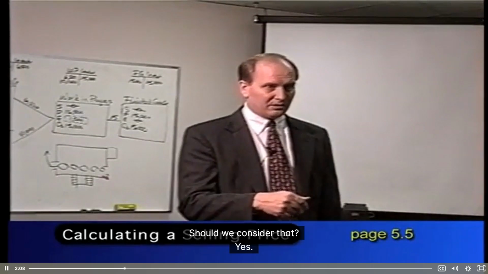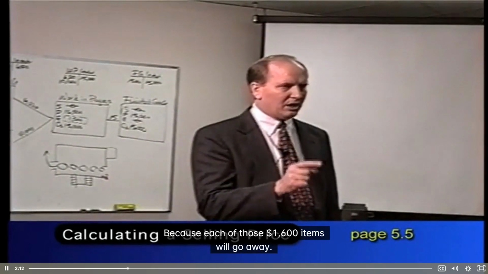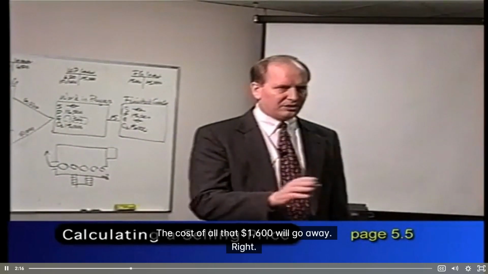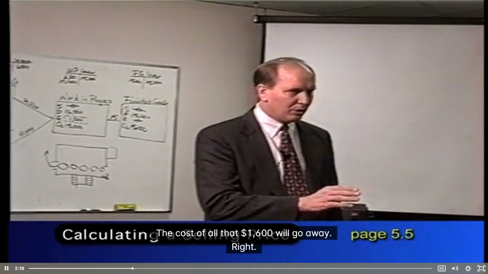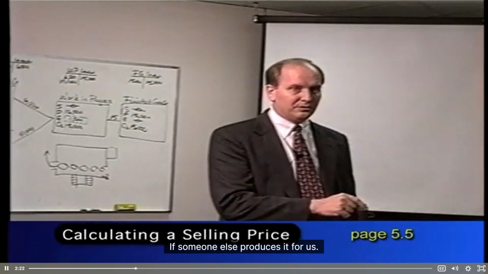Should we consider that? Yes, because each of those $1,600 items will go away. The cost of all that $1,600 will go away, right? If someone else produces it for us.